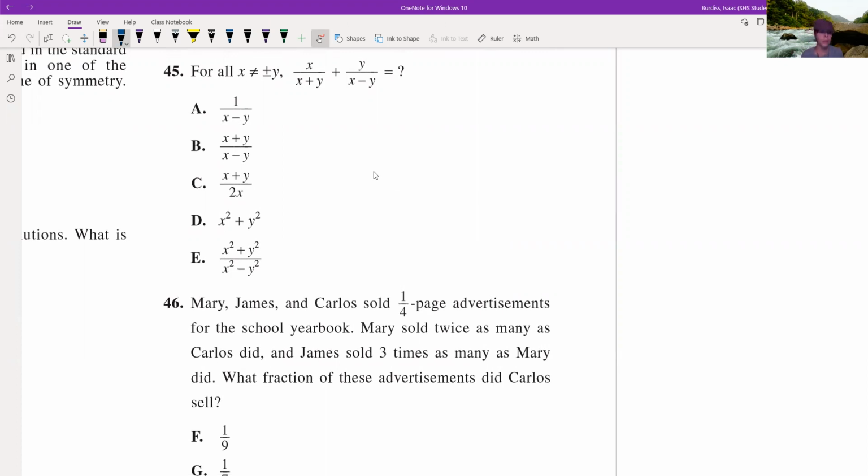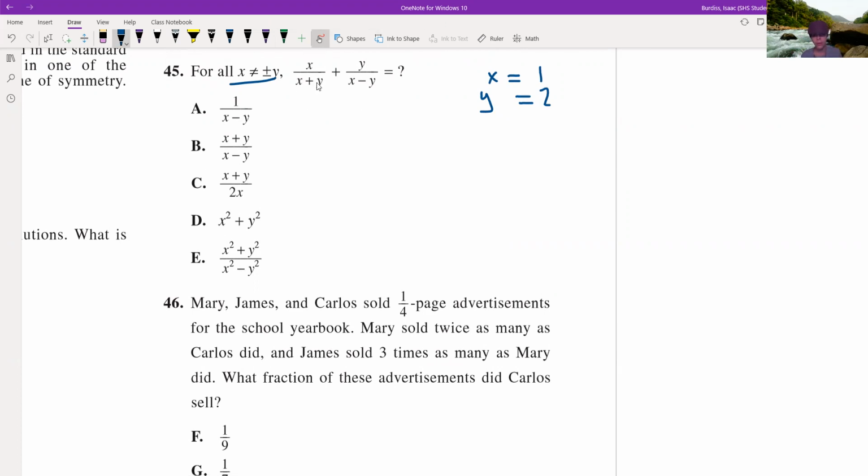Okay. For all values where x does not equal negative or positive y, what is this? You might be like, oh, great. Well, all you have to do is create random numbers for x and y, and then type it into the calculator to figure it out. So let's say x is 1 and y is 2, and that is true for this. They're not equal to the negative or positive of each other.